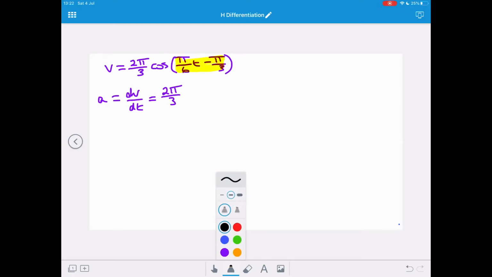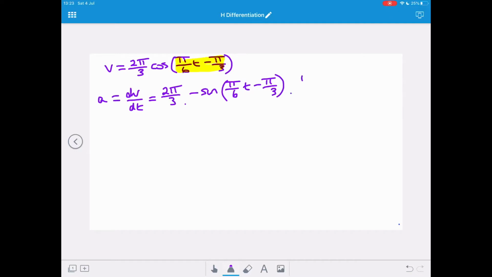So we need to differentiate the outside function. So cos goes to negative sine, so it'll be negative sine of pi over 6t minus pi over 3. And we're multiplying that by the derivative of the inside function, and the inside function will differentiate to pi over 6. So now we need to do some simplifying again.